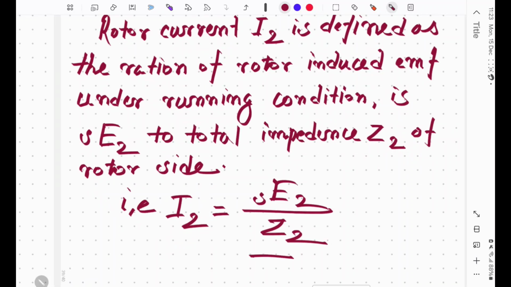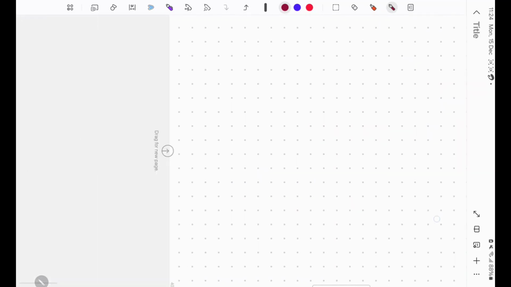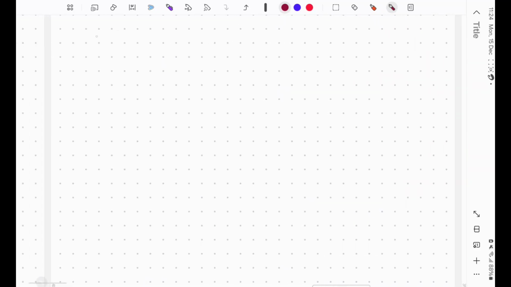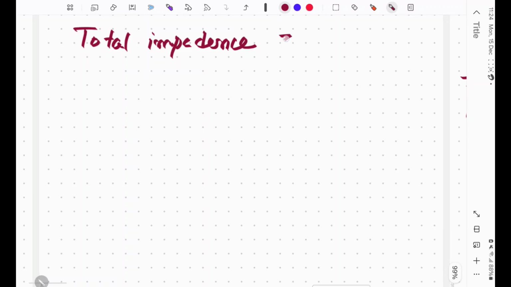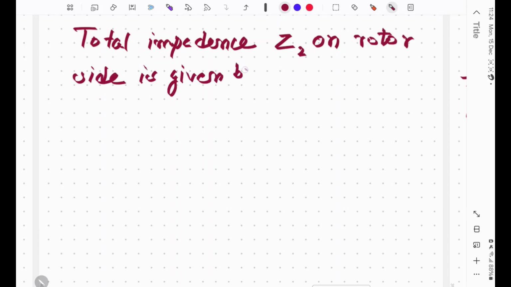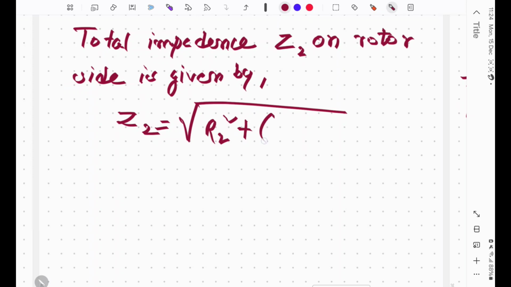The total impedance Z2 on the rotor side is given by Z2 equal to root over R2 square plus (S X2) whole square. We can write this from the fundamental equation.